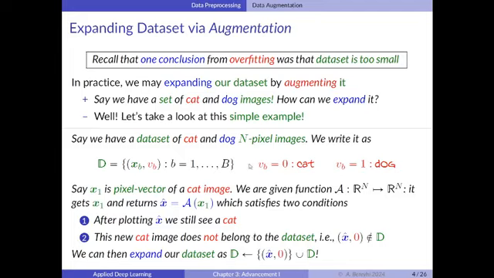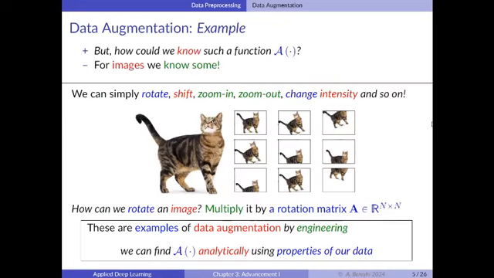For example, we have some data and we do something so that this class would still be this class but with different data. As you can see here, it has been rotated, it has been shifted in different ways.